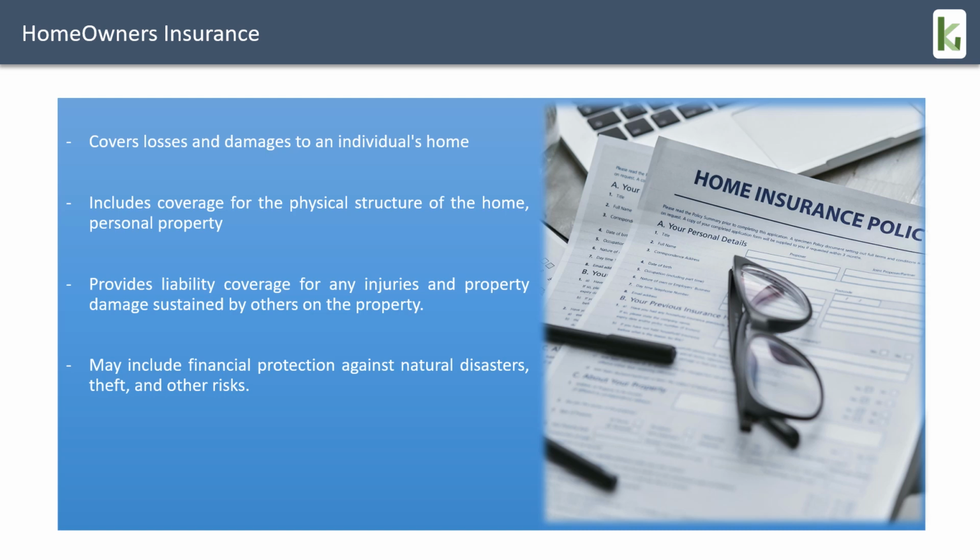So a homeowners policy is referred to as a multiple lines insurance policy, meaning that it includes both property insurance and liability coverage with an indivisible premium. That means it is a single premium that is paid for all risks.